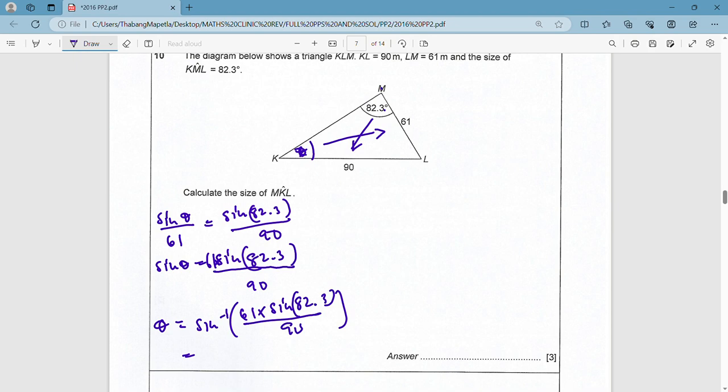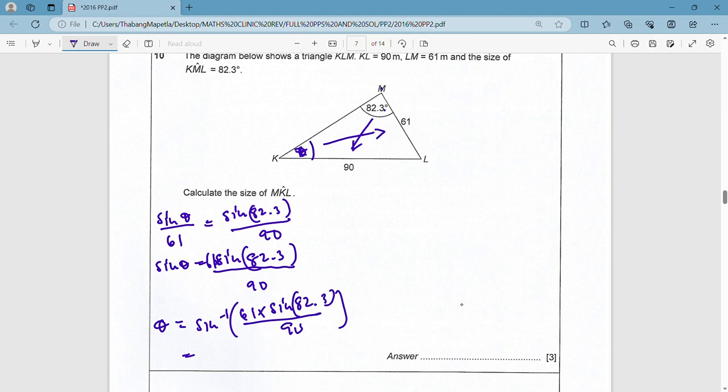So then we're going to have sine inverse of 61 times sine 82.3 over 90.